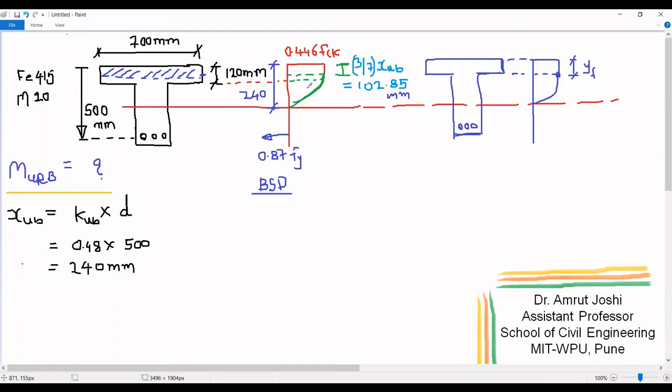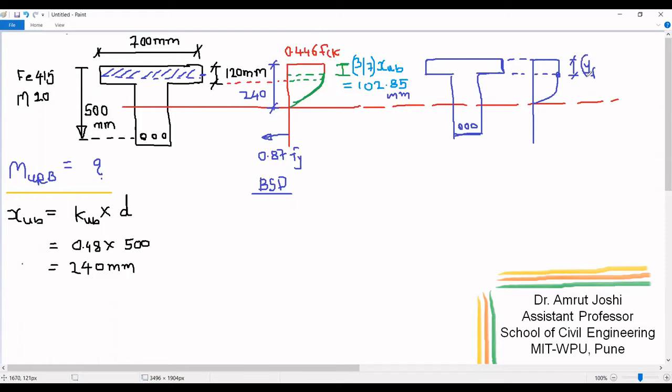So to ease our analysis, IS 456-2000 suggests that we convert this section into an equivalent section such that it has the depth of flange as YF.